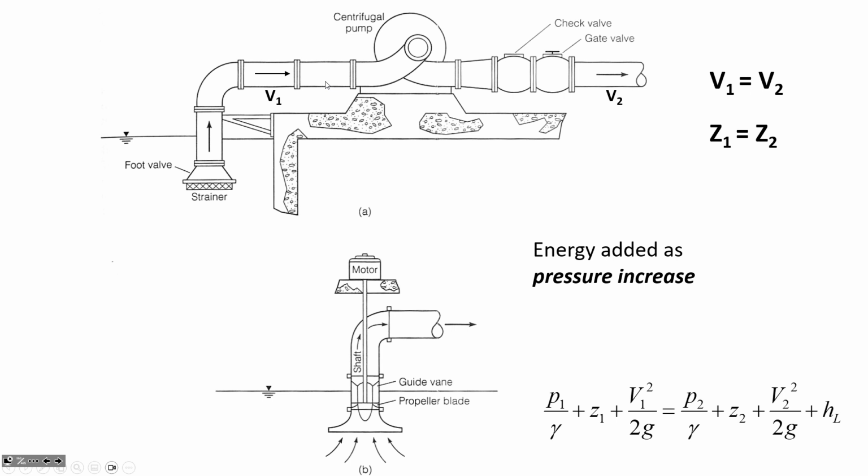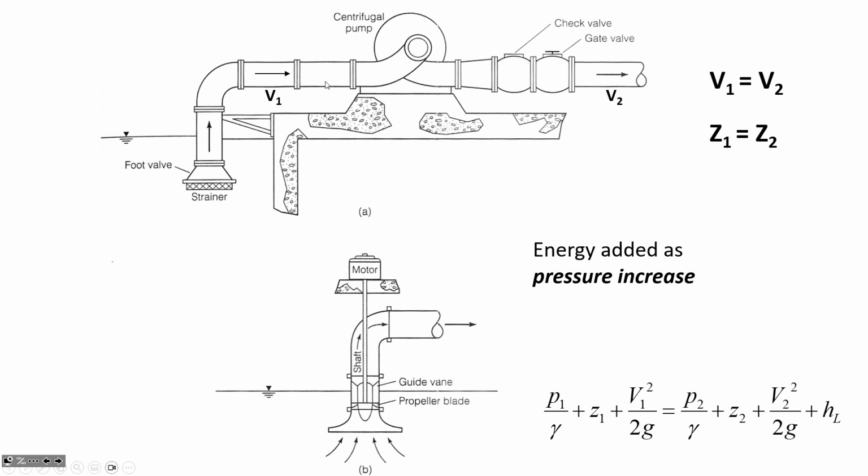And so if we were going to draw a sketch of the energy grade line here, so we've got this pipe that's drawing the water up due to a pump, and the water's going out. So if we did a sketch of the energy grade line, the energy grade line starts at the water surface.